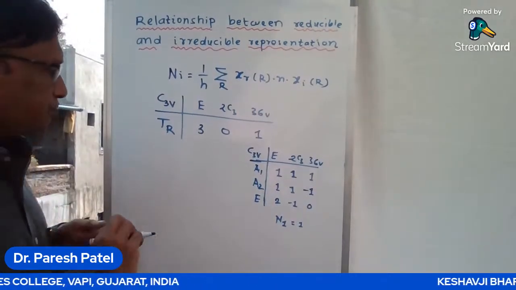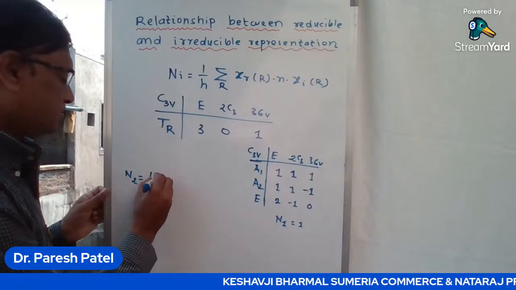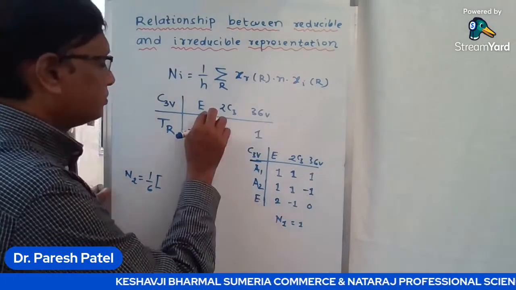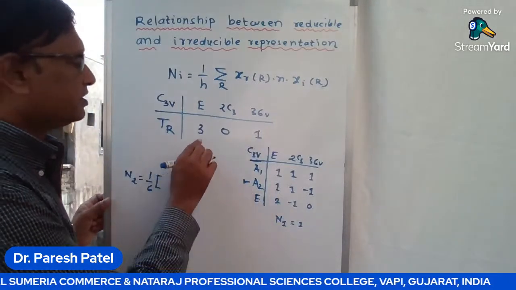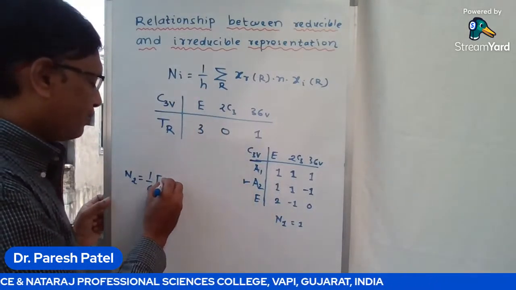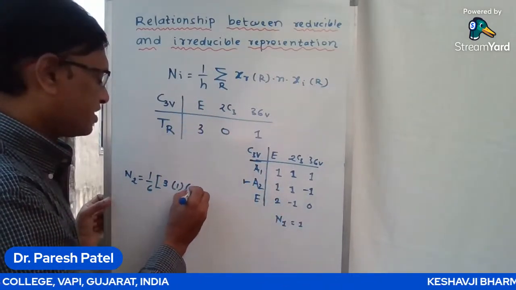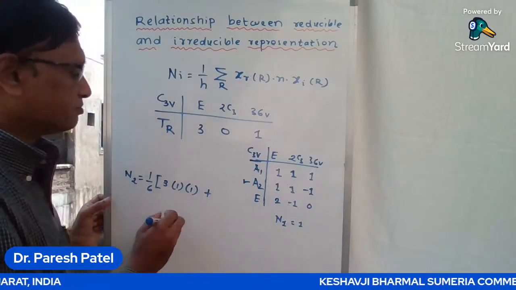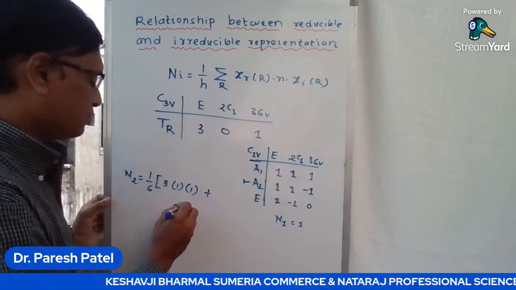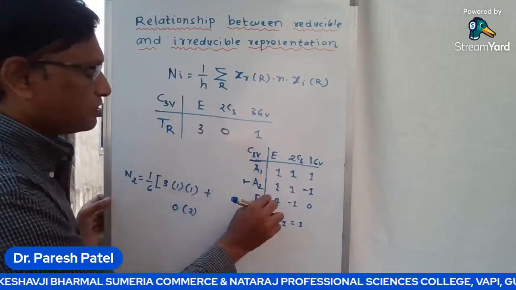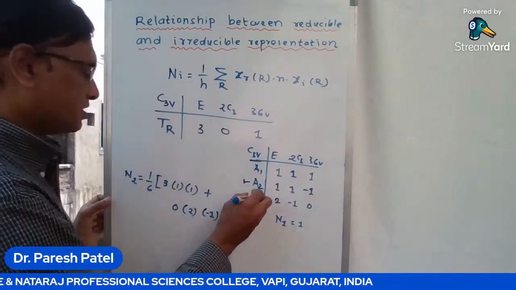Value for N2, 1 by 6, N2 corresponds to the A2 irreducible representation. So 3 is the value for the reducible representation, 1 is the number of that symmetry operation, and 1 is the character for the irreducible representation. Plus the reducible representation is 0, 2 is the number of that symmetry operation, and minus 1 is the character for that irreducible representation.